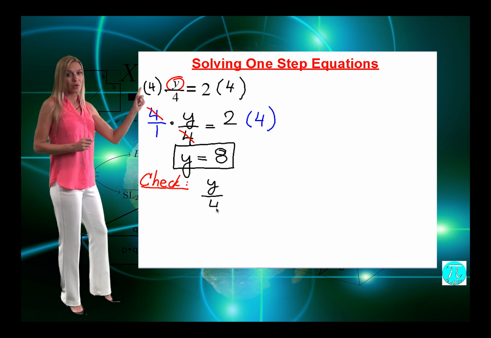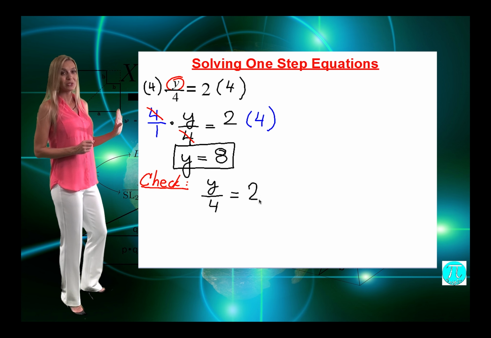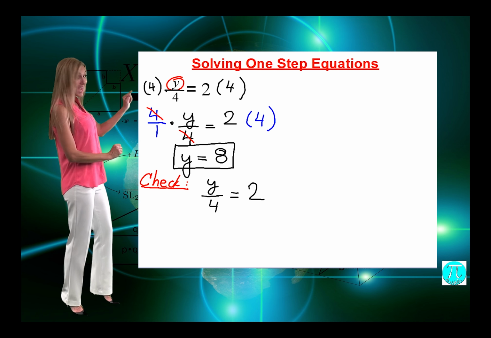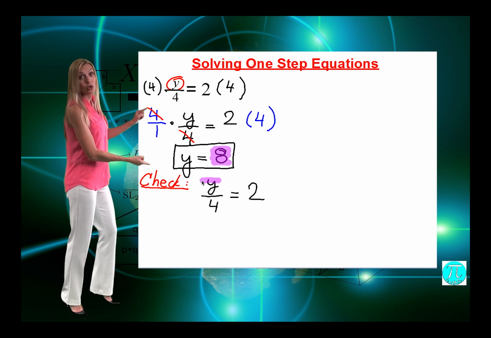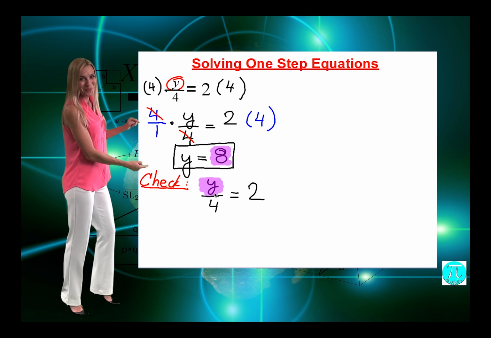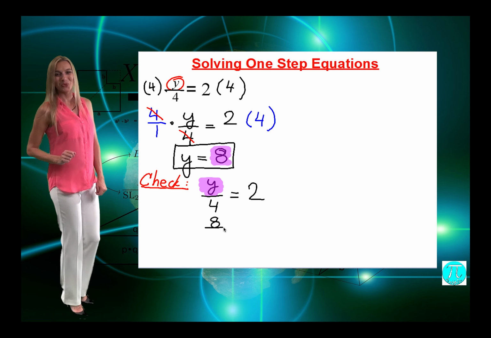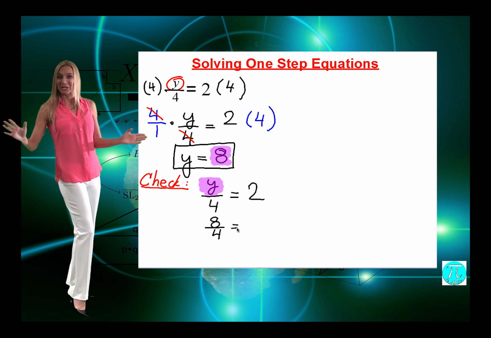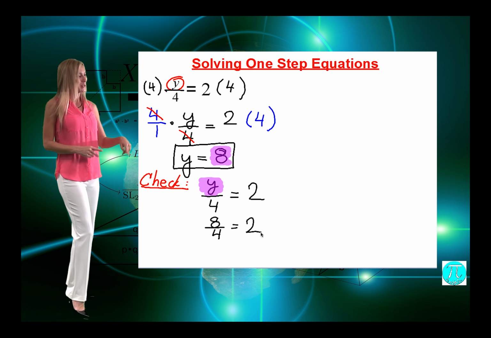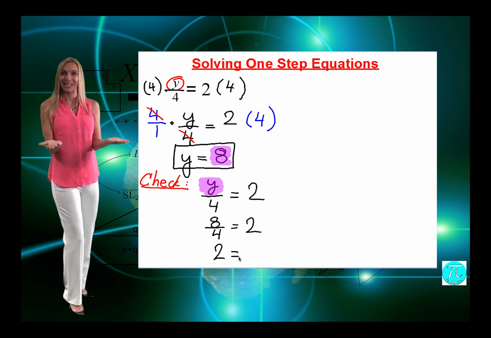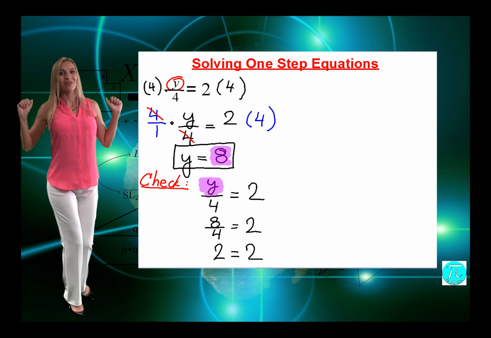So let's replace the y with the 8 and let's solve it. So we really have 8 over 4, or 8 divided by 4, equals 2. And what is 8 divided by 4? Well, ladies and gentlemen, 8 divided by 4 is 2, which does equal 2. Both sides of the equation are the same, so it equals, and we are done.